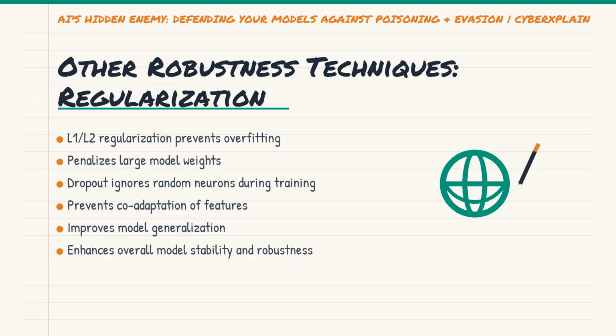This prevents co-adaptation and forces the network to learn more robust features. These methods, while not specifically designed for adversarial attacks, generally improve model generalization and, as a side effect, often enhance robustness to minor perturbations. They contribute to a more stable model overall.